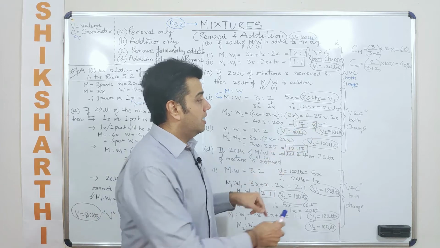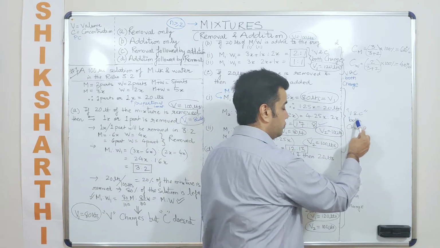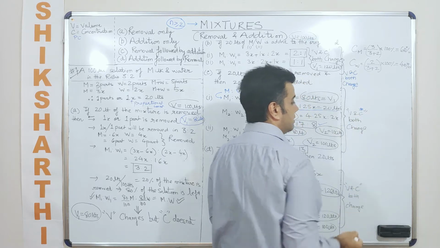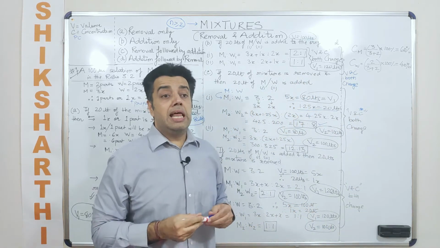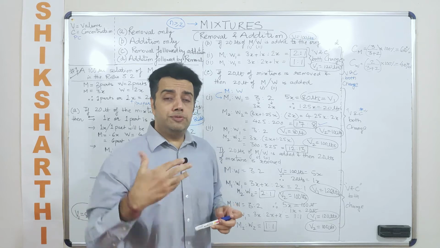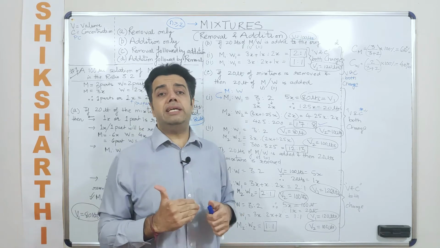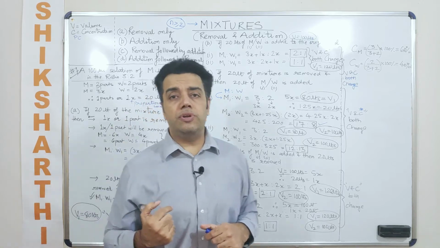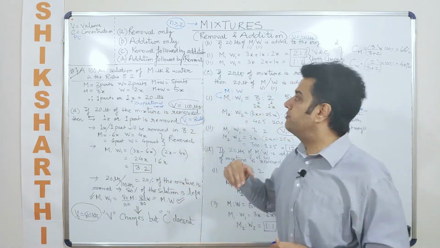So here, though I have written that V and C both would change, this comes with an asterisk to the condition. This is dependent on the condition that I remove some entity and substitute it by an entity which is not equal to the removed entity. So all these four cases can be further subdivided.